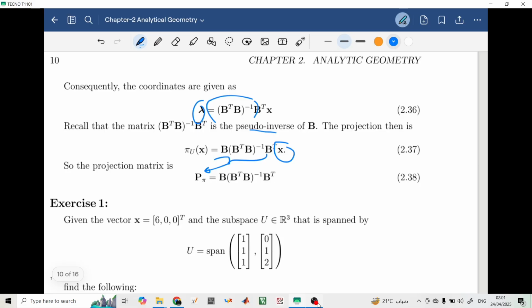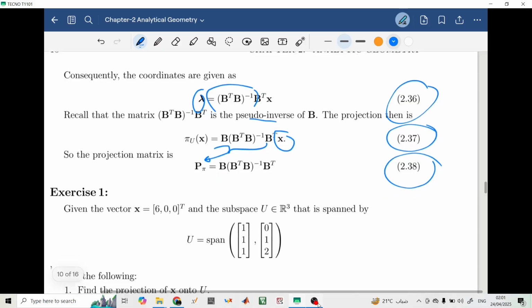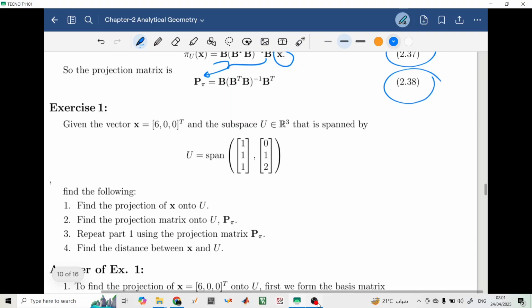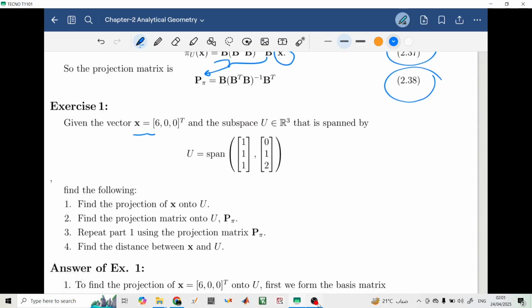So we can use those formulas, right? 2.36, 2.37, 2.38 to find the coordinate, the projection, and the projection matrix. So let's take an example, right? So we have this vector that we want to project onto the subspace U that belongs to the vector space R3.